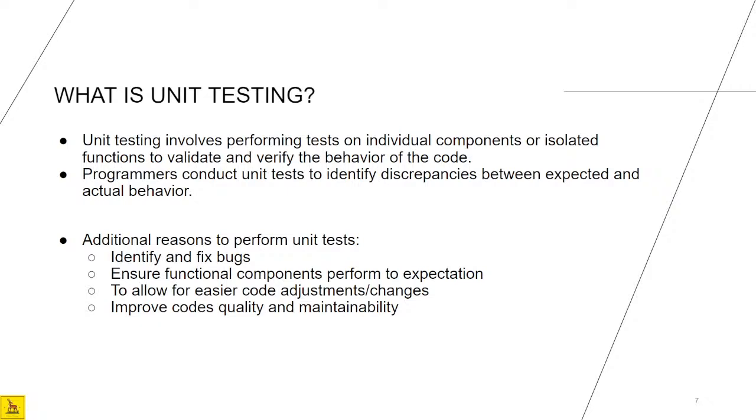Additional reasons why we perform unit tests are to identify and fix these bugs, to ensure functional components perform to expectation, to allow for easier code adjustments and changes over time, and to improve code quality and maintainability.